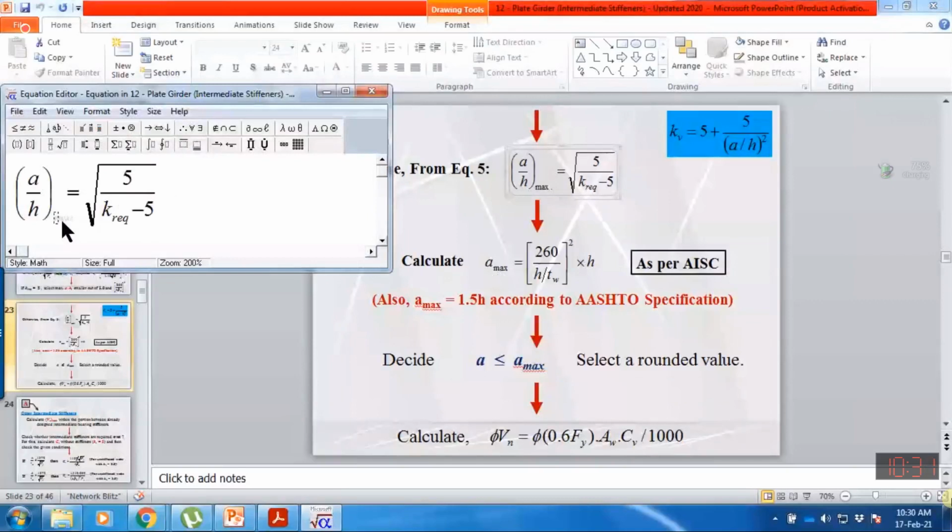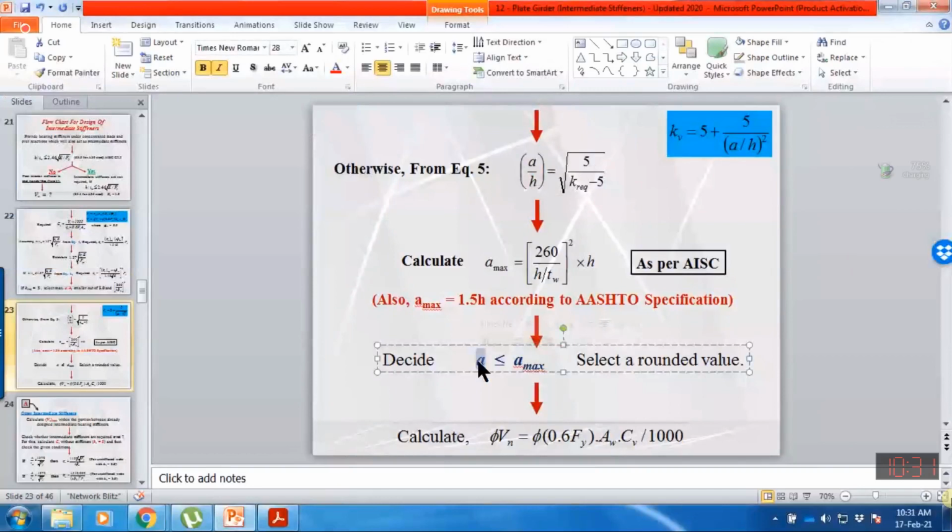Okay, after that, we have selected the A value. For the A value that we have decided, you will recompute the kV value by using this expression. And from this expression, once you know the kV value, you will check the condition whether the height of the web over thickness of the web ratio is more than this parameter.